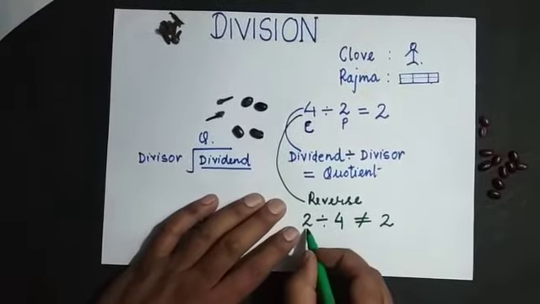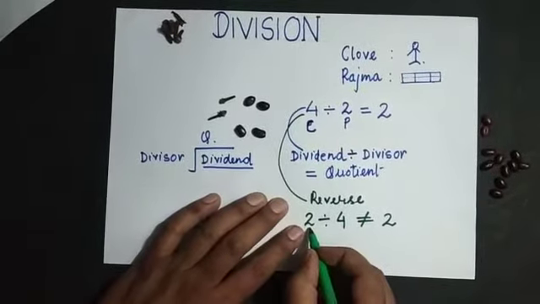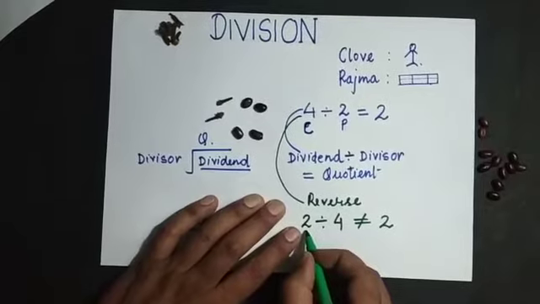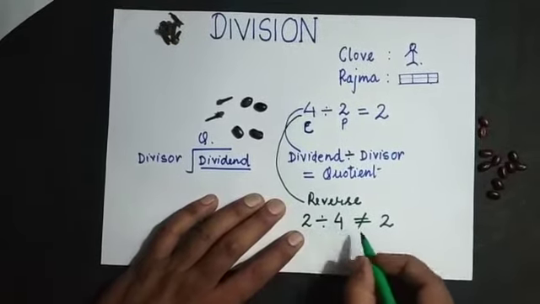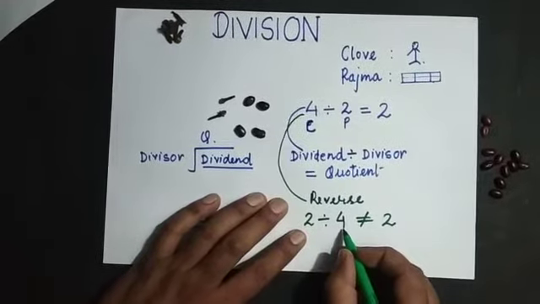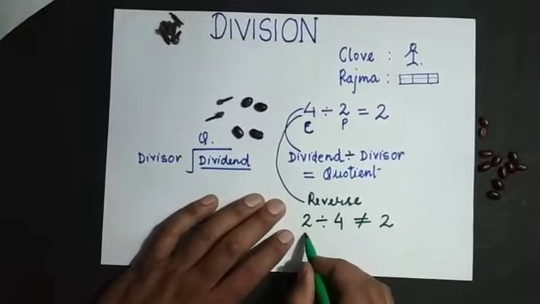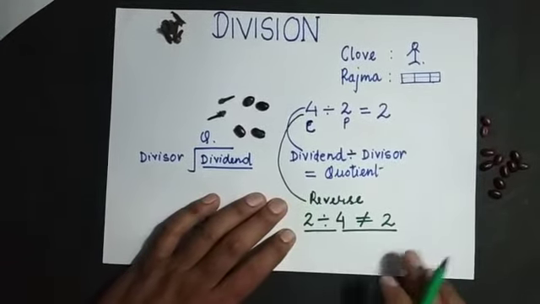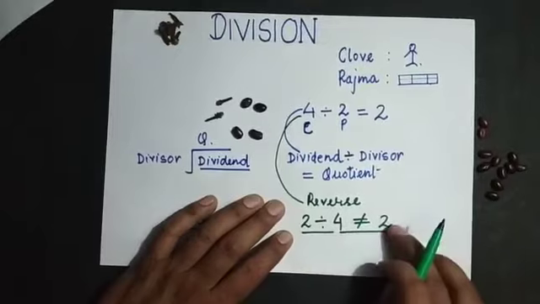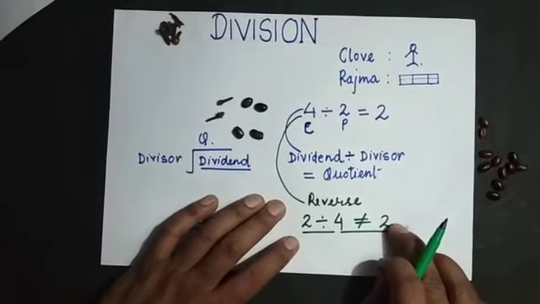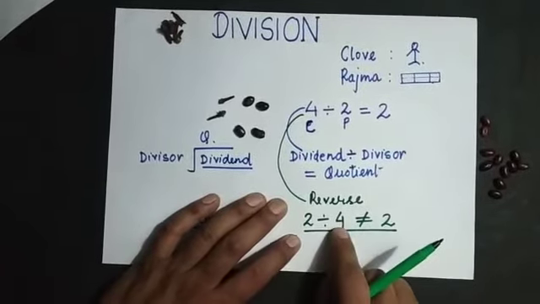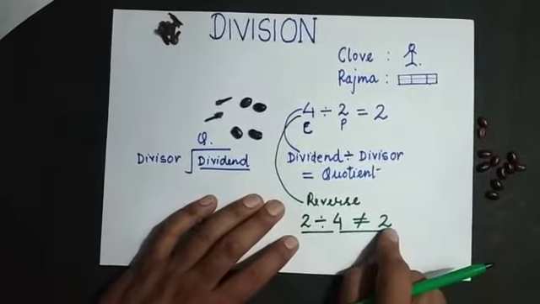But if 2 chocolates are there and 4 persons, how can it be 2? Many children write the same answer, which is wrong. Never write that 2 divided by 4 is equal to 2. Is that clear?